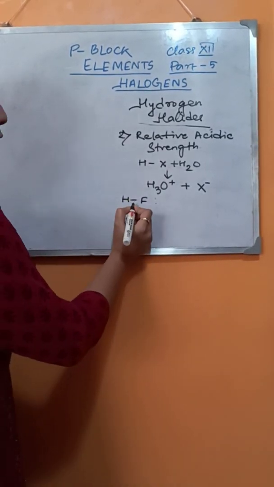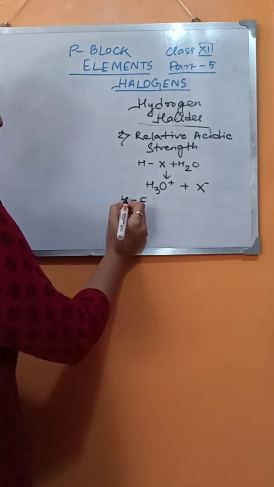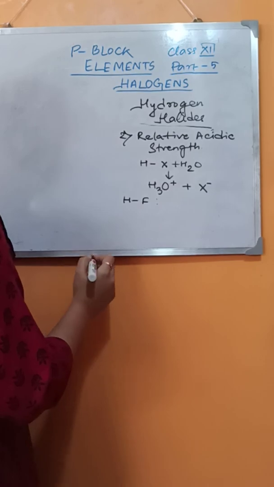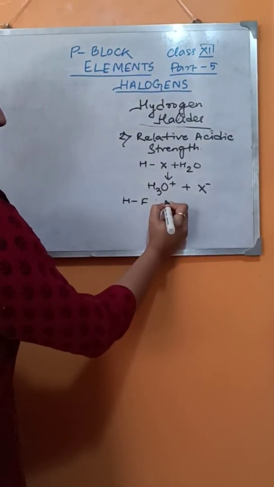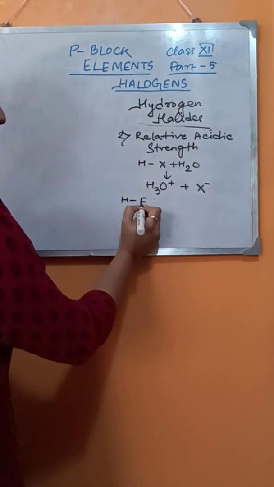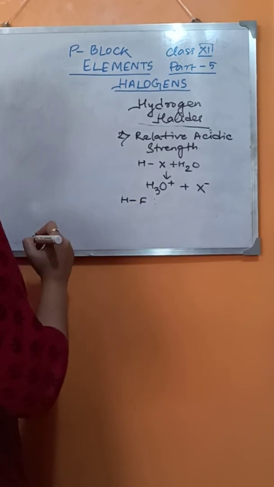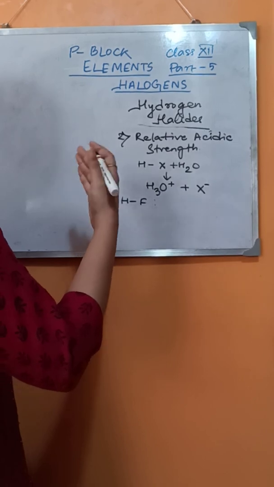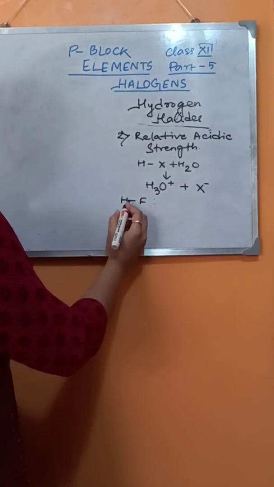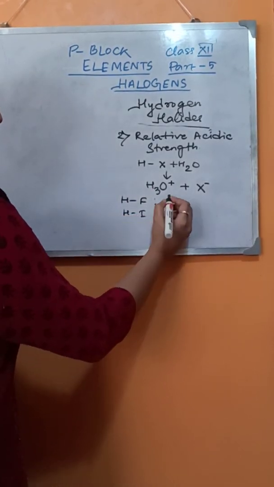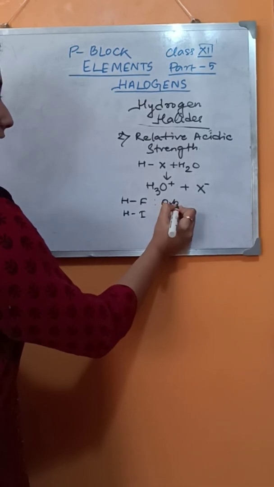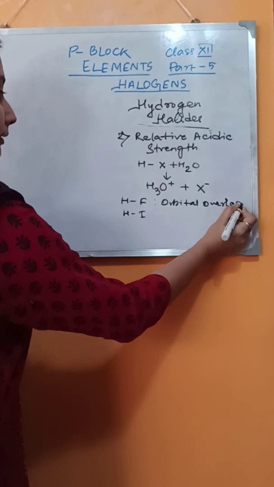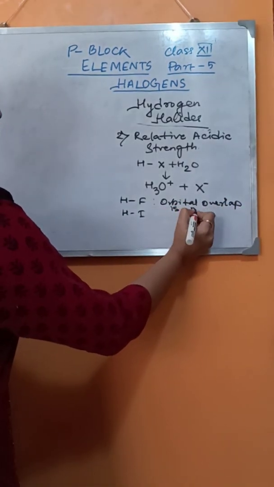So the overlap of the orbitals of hydrogen and fluorine will be the best because of the comparable sizes of fluorine and hydrogen. But in case of iodine, whose size is much bigger than that of hydrogen, here in case of HF, the orbital overlap is perfect.